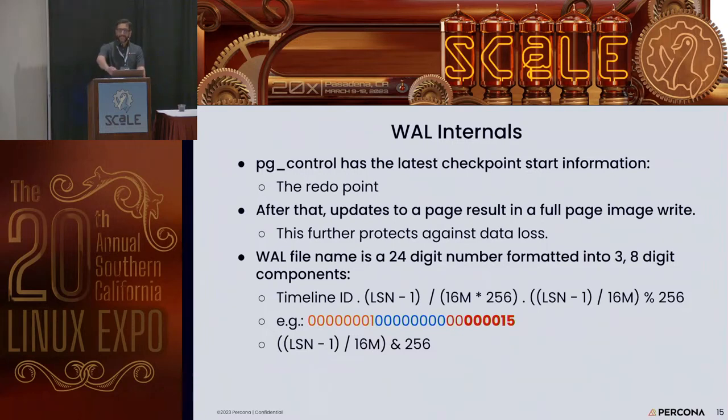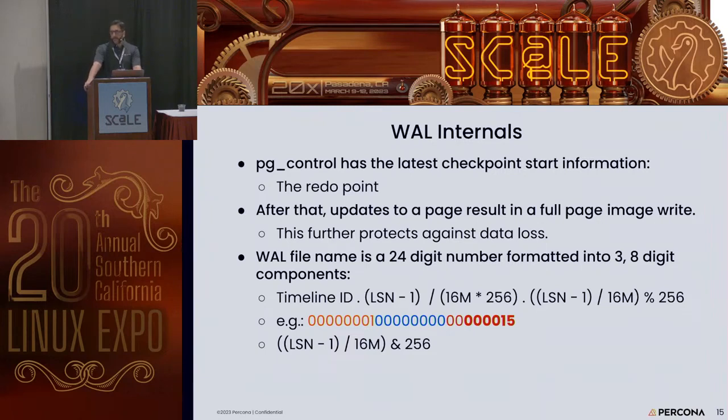This is again a durability feature because it guards against any unfinished page writes in case of an OS crash. So a full page is written once after a checkpoint. If a page is dirtied or if something is changed in a page, the entire page is dumped into the WAL. So now you have the complete copy of that page that you can refer back to, to avoid any page corruption issues.